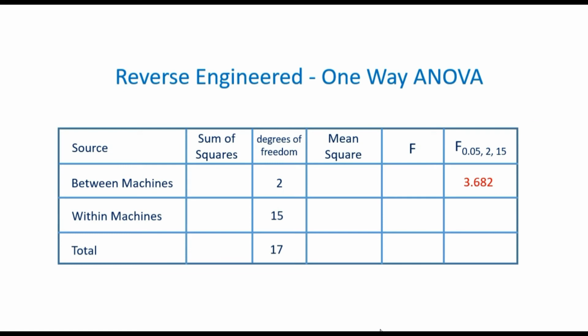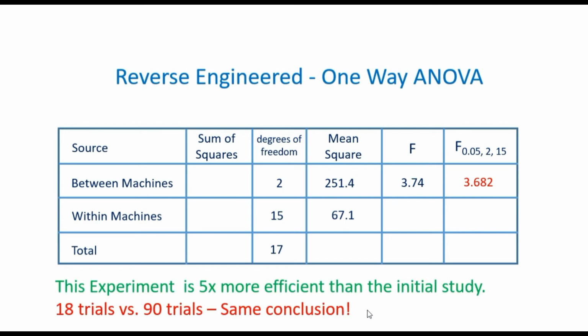So we lay in the degrees of freedom, and the mean square will be the same as previous, because the variance between machines and the variance within machines doesn't change. The F value we calculate, and once again, as in the previous example, we reject the null hypothesis because 3.74 is greater than the critical value of 3.682.